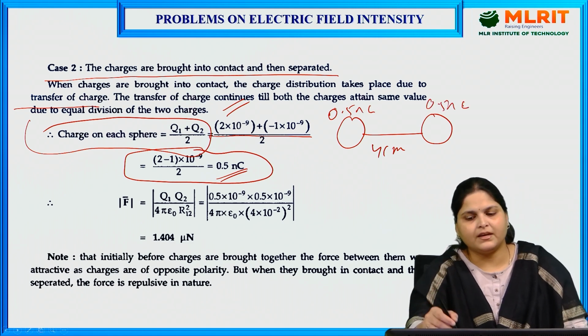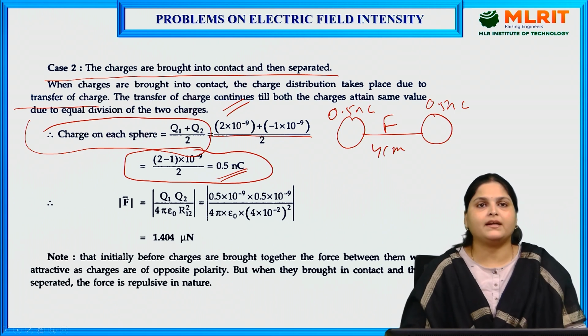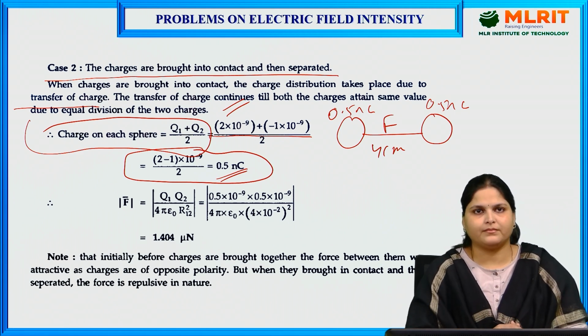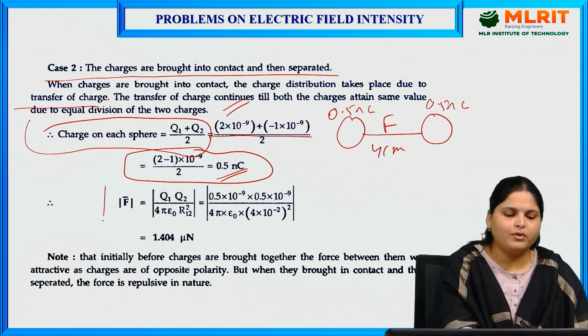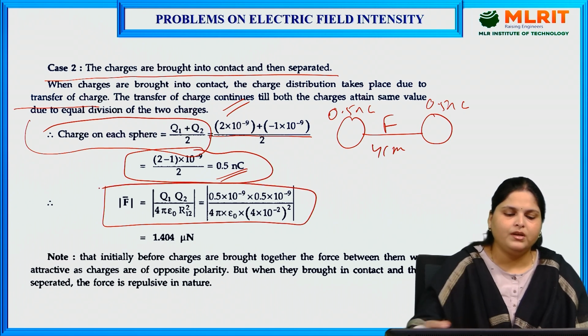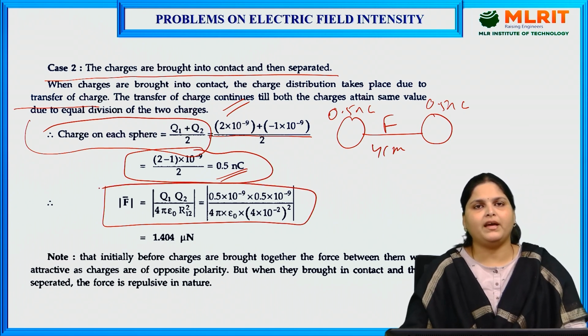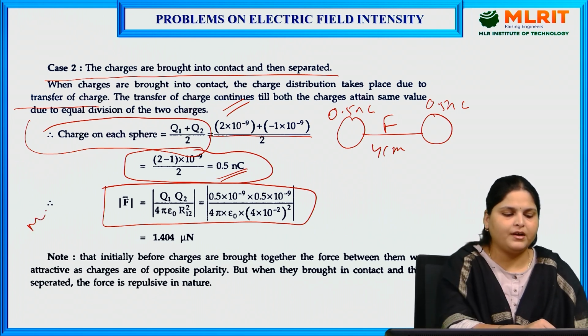In this case, again, we need to find the force acting between them. We are going to take the same formula again. Mod F is equal to mod of Q1 Q2 upon 4 pi epsilon naught R12 squared. Here again we are trying to find out the magnitude.